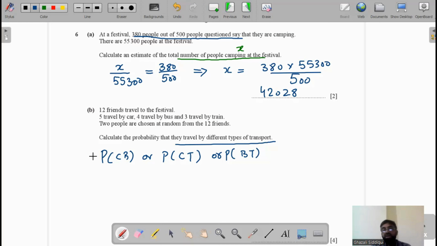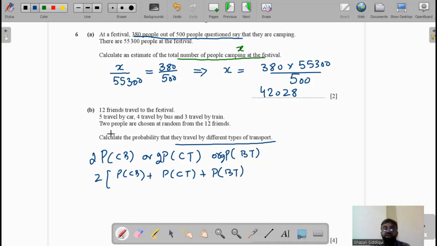And we take two times because we also take the probability of bus and car. Therefore, we multiply by 2. It means probability of car and train or probability of train and car. Now the value will be equal to 2 times probability of car bus plus probability of car train plus probability of bus and train.